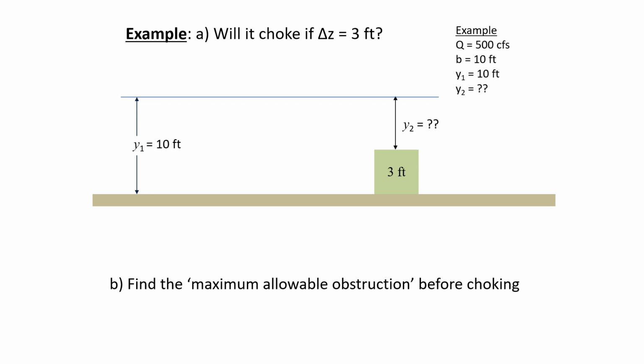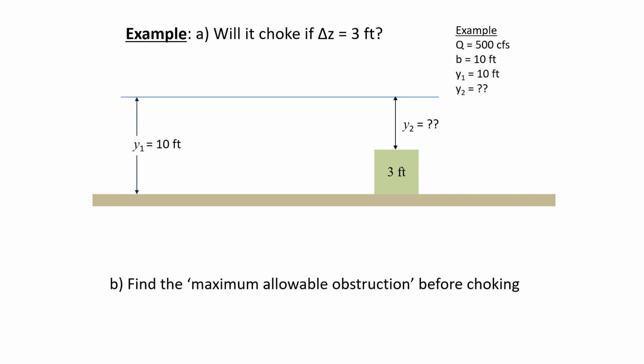Just to back up a step, remember that the critical depth for a rectangular channel is the flow per unit width squared divided by g, to the 1/3 power. And always remember, this only applies for a rectangular channel. It wouldn't work for a trapezoidal channel.